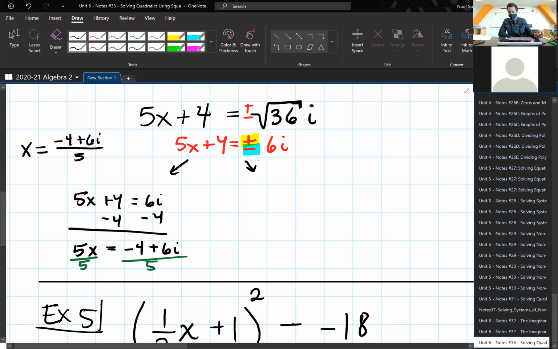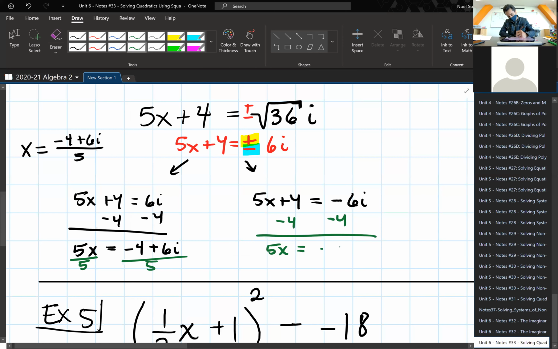And then we would split it for using the negative value. So we have 5x plus 4 is equal to the negative 6i. So we solve for x by subtracting 4 from both sides. That gives us 5x is equal to, is that negative 10i? No, right? One is a real number, one is an imaginary number. They don't combine.